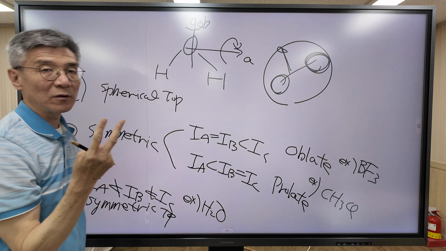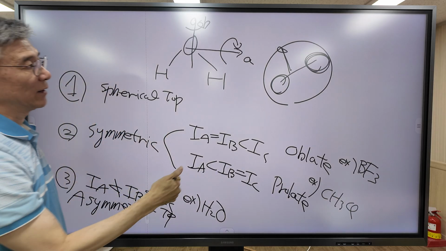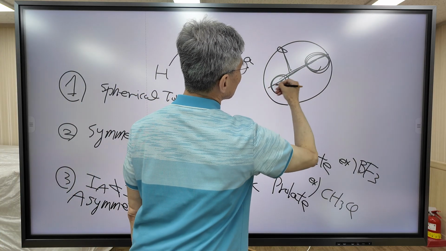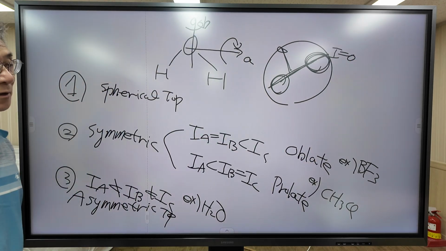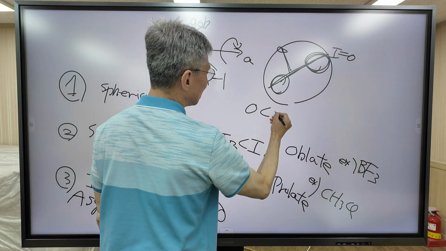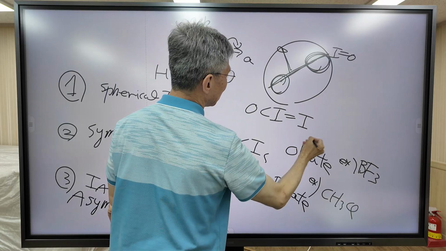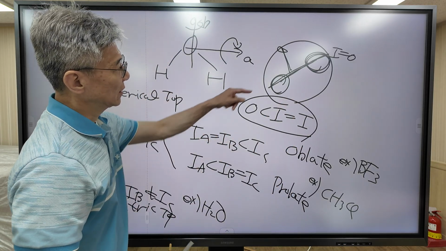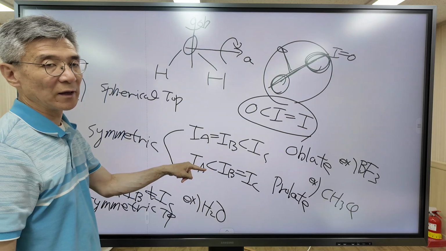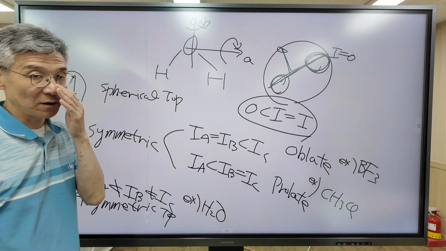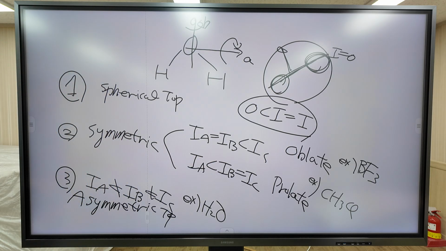So two moments of inertia are equal, and the moment of inertia in this direction is 0. Right? So it is equal to this form. So this diatomic molecule is a special limiting case of prolate.